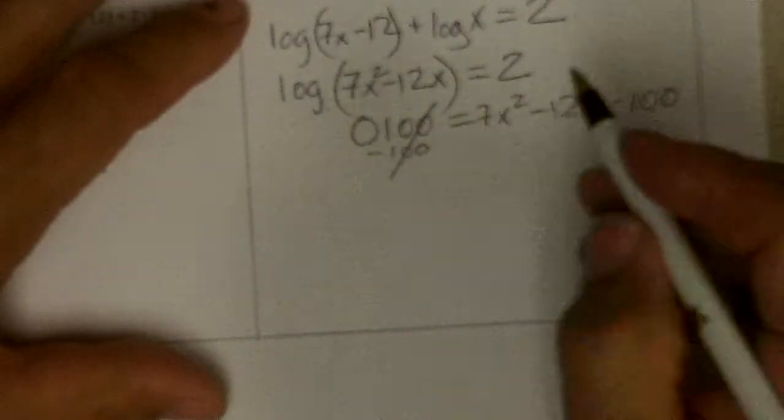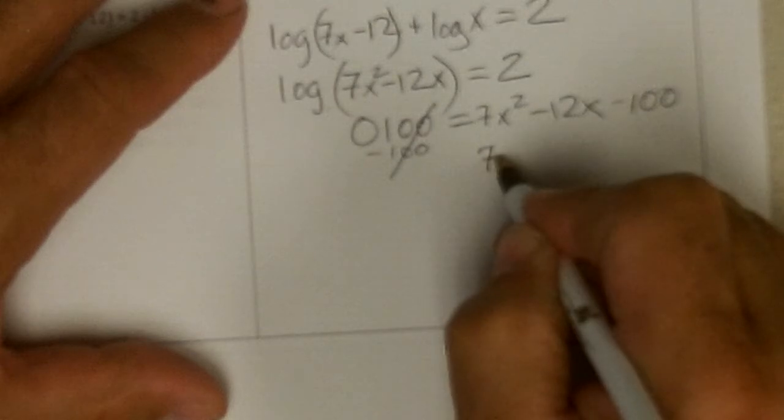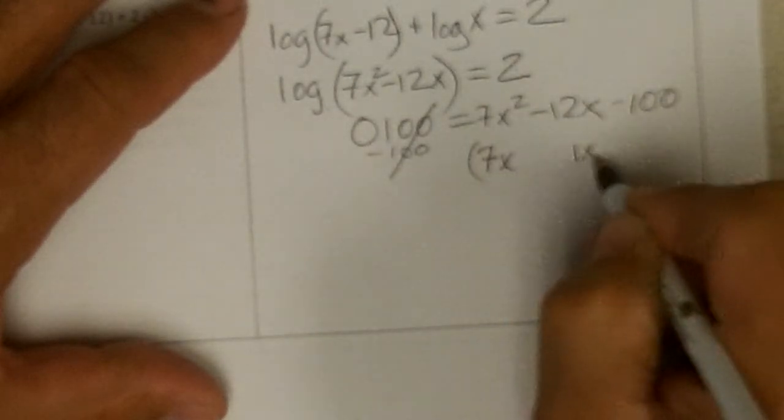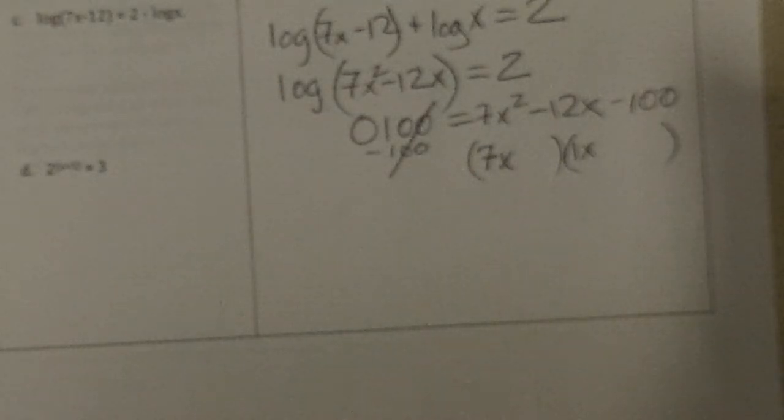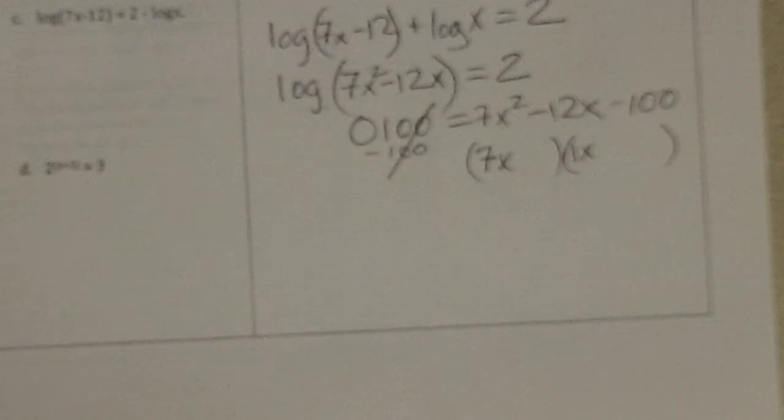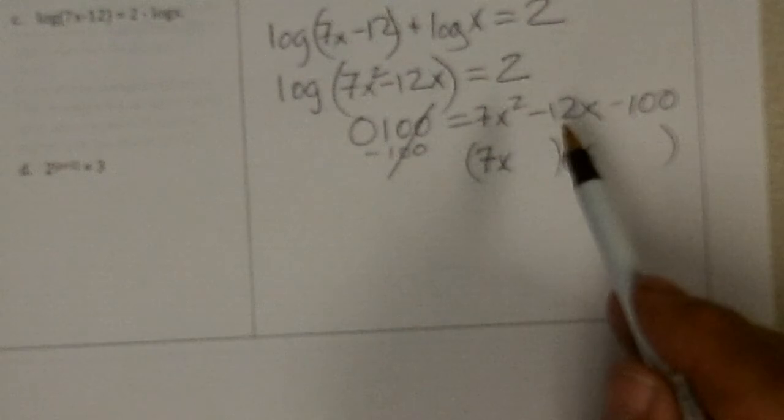And I can factor, let's see, that would be 7x and 1x, if this factors, and 100, let's see, if we do 5 and 20, no, 4 and 25, it'd be 28, no. With the negative 12, this is going to take a little thinking here, or I could do it with the quadratic formula.